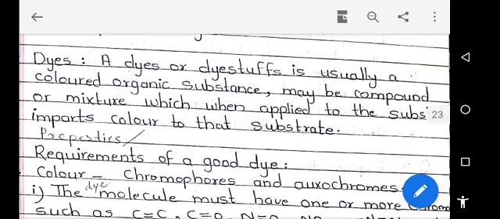In drugs and dyes, the applied paper is of 100 marks, and there are some MCQ questions, some match the following, some true and false, and a 20-mark question on each unit.